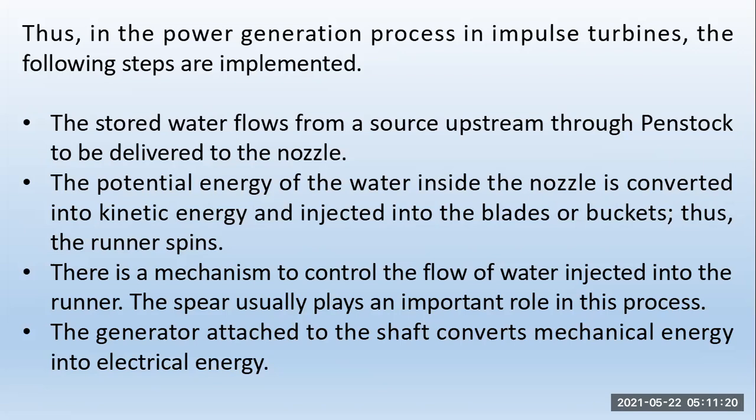Thus the runner spins. There is a mechanism to control the flow of water injected into the runner. The spear usually plays an important role in this process. The generator attached to the shaft converts mechanical energy into electrical energy.